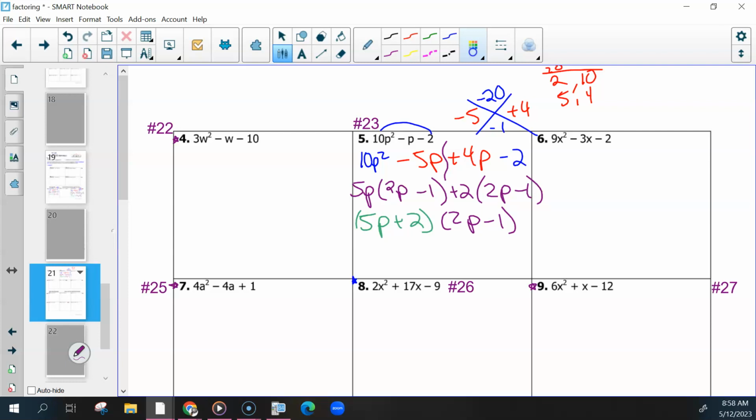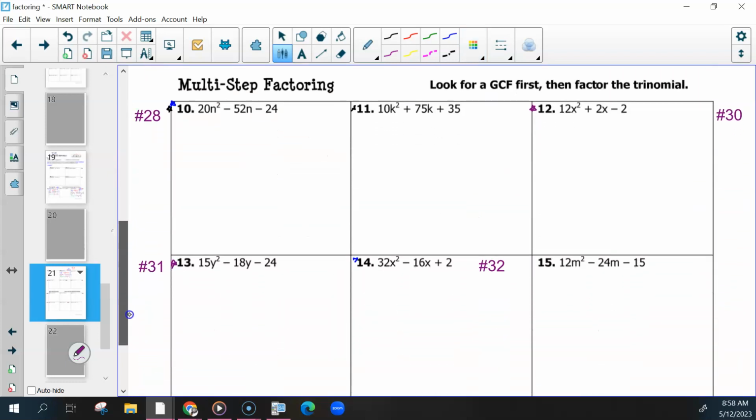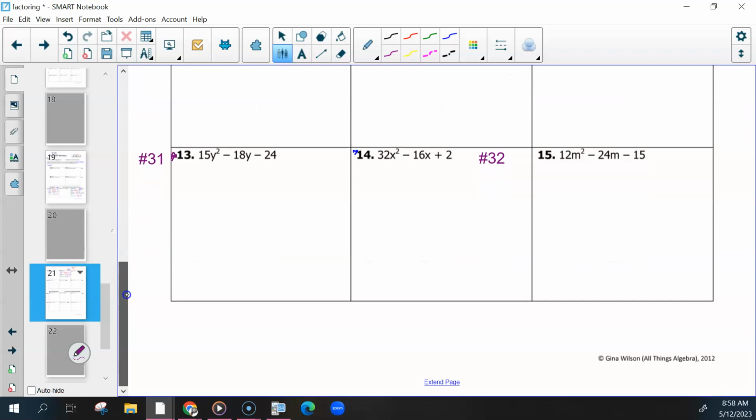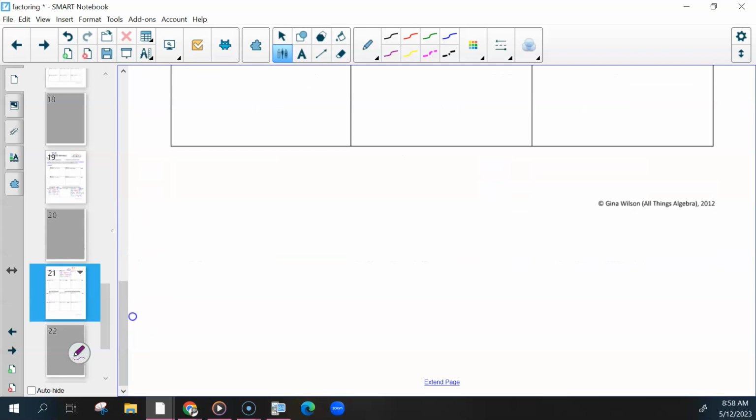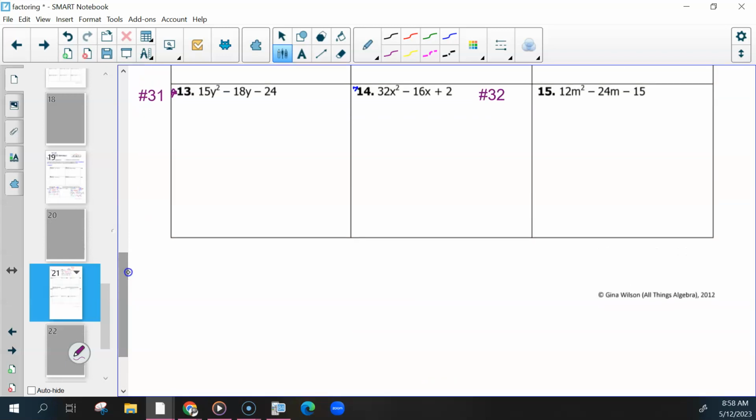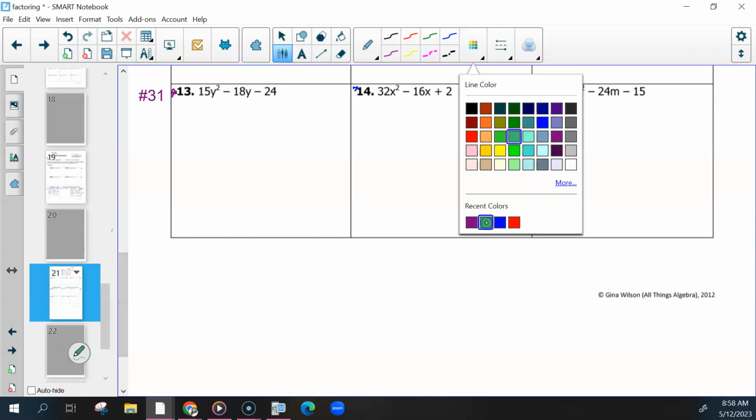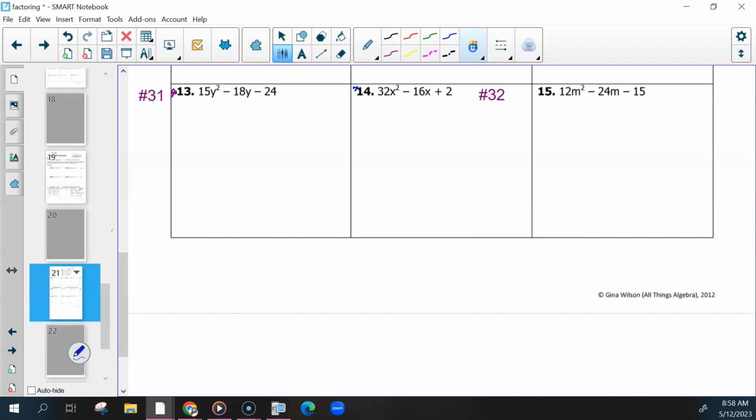Any others on this page you want to see, do go over, have questions about? So starting with 13, look and see, does this have something we could divide out of each one? 3, okay.